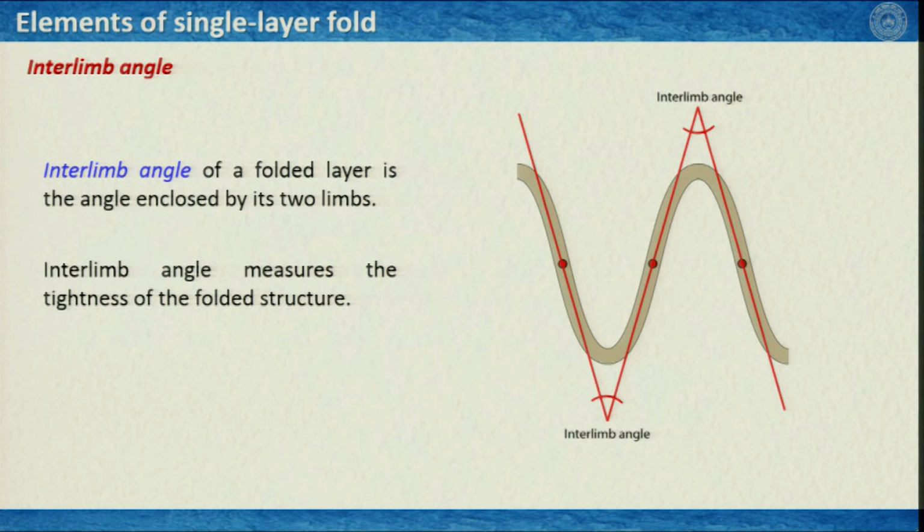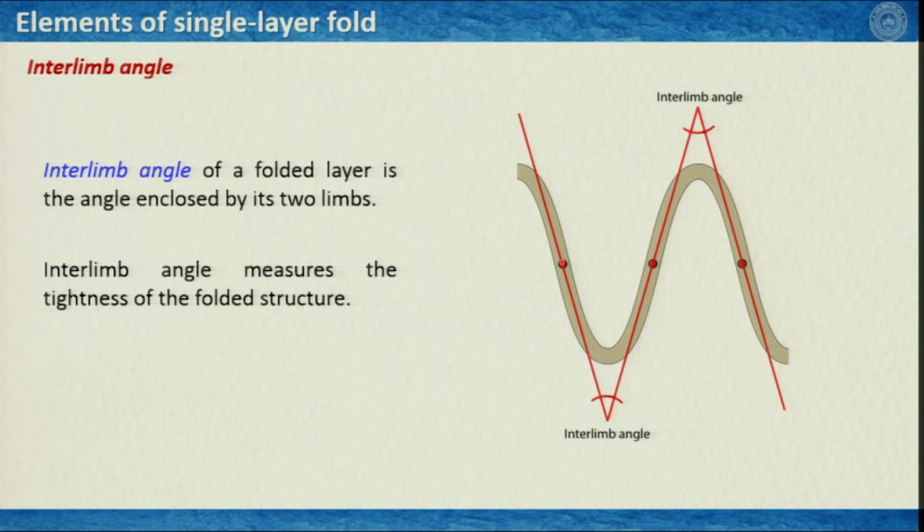We have another very important term that we are going to learn now, which is the interlimb angle. The interlimb angle of a folded layer is the angle enclosed by its two limbs. The way it is measured is that you first figure out two successive inflection points.